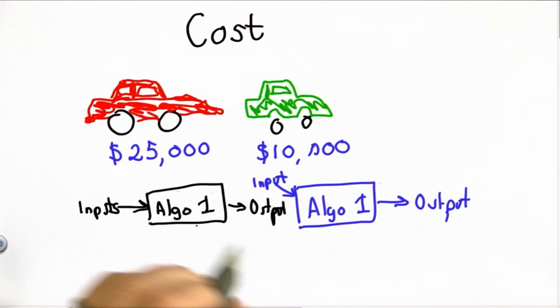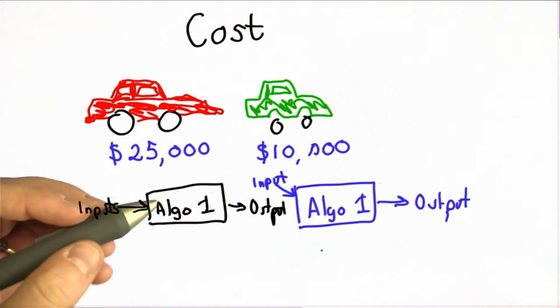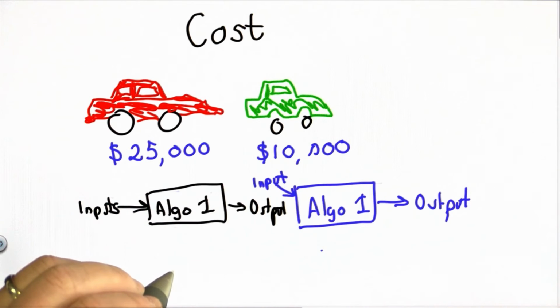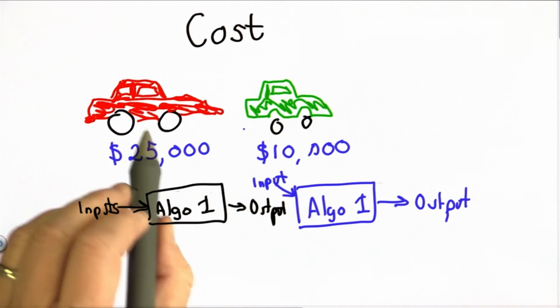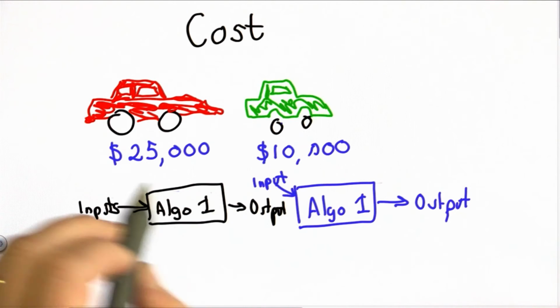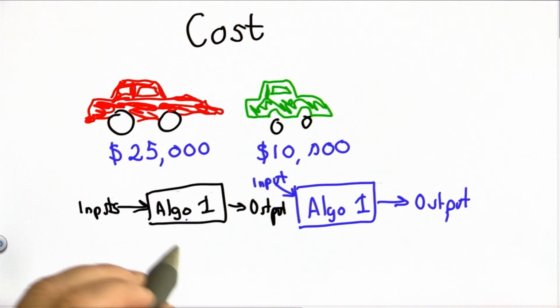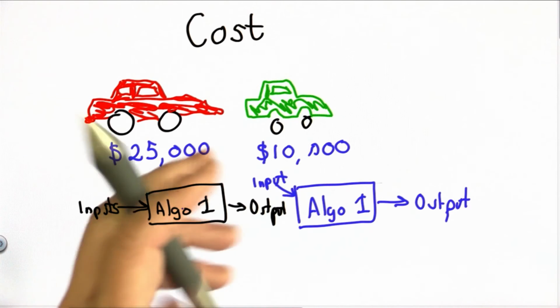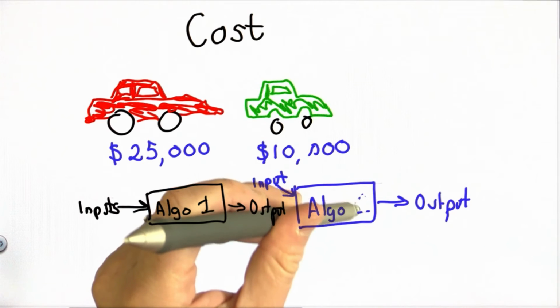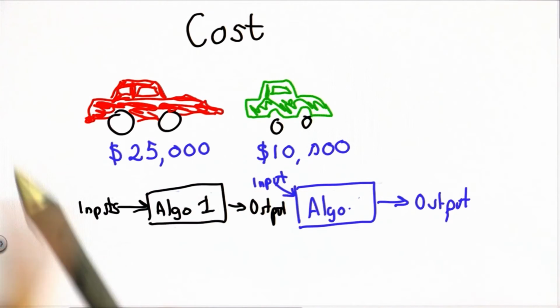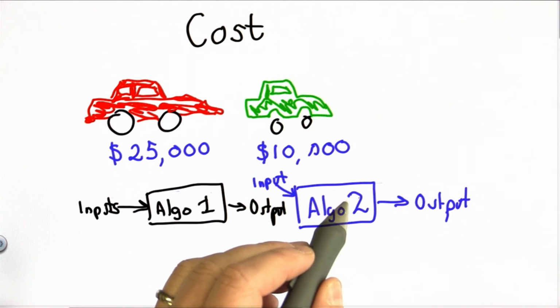And if we want to decide which algorithm is better, well, we don't have a specific cost for the algorithm the way we do for the cars. And we can say the red car costs more than the green car. The cost depends on the actual input that we run the algorithm on. So it might be the case for some inputs, algorithm 1 is faster. And for other inputs, algorithm 2 is faster. And I should label this algorithm 2.